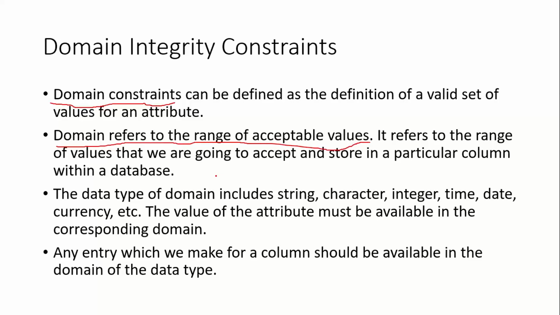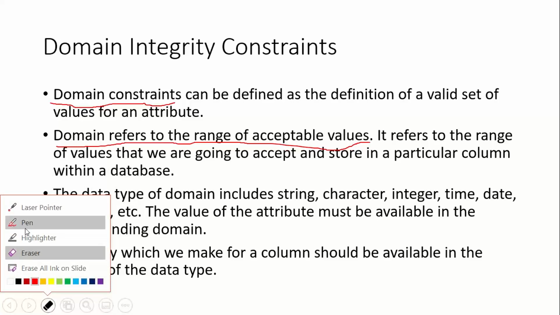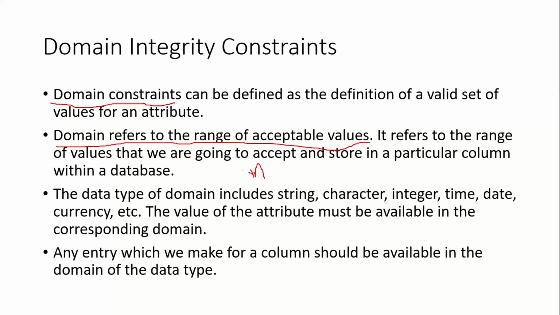The domain is for an attribute. To an attribute, you can take only this set of values. For example, if I have EID and age, sorry, my writing is a little poor here with paint. When you recruit employees into your organization, you can't take people who are below 16 years of age or above 60 years of age.